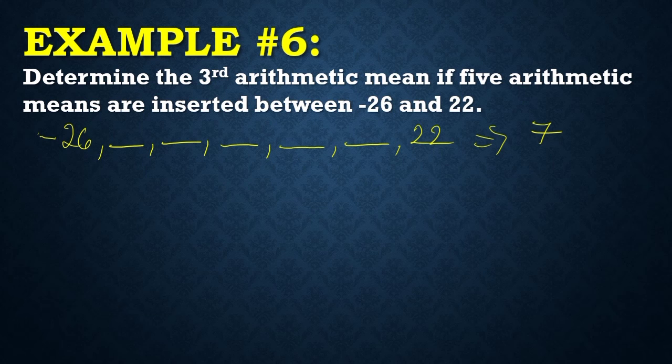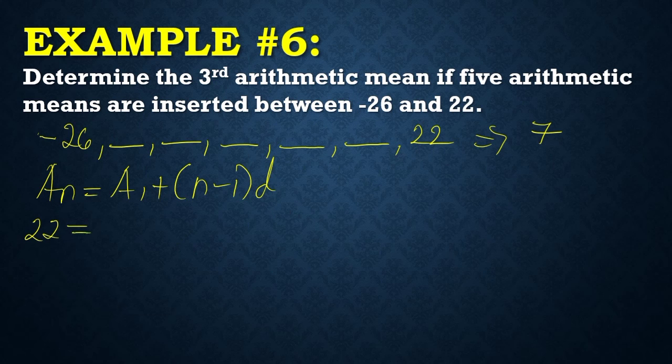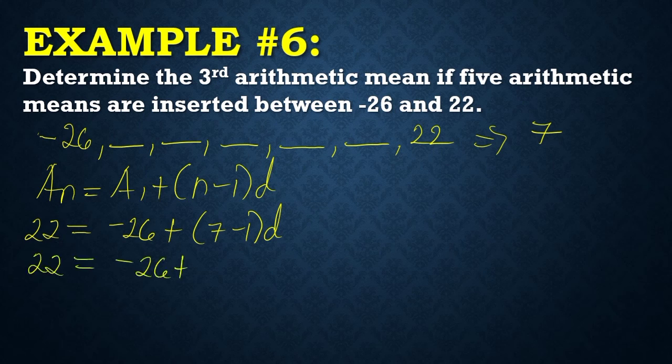So, next, applying the formula, a sub n is equal to a sub 1 plus the quantity of n minus 1 times d. A sub n is 22, is equal to the first term, negative 26, plus our n, that is 7, minus 1 times d. Next, 22 is equal to negative 26 plus 7 minus 1, that is 6d.